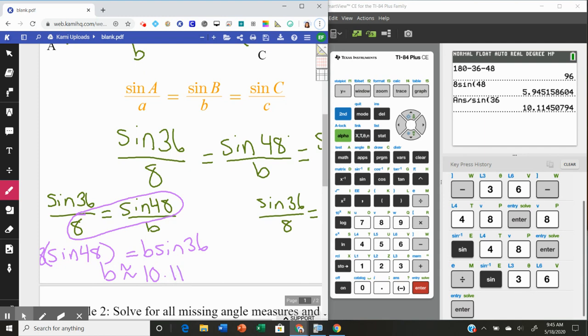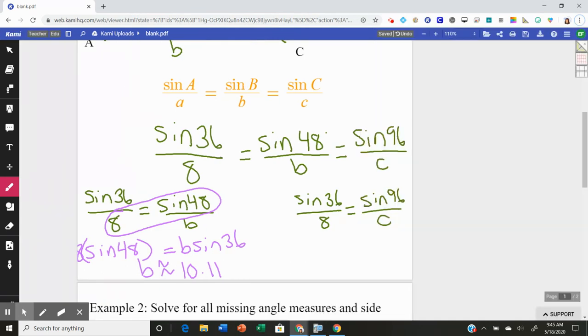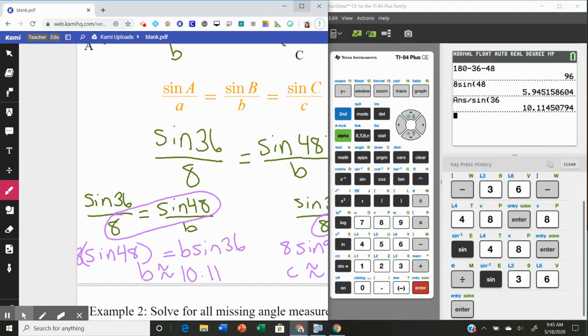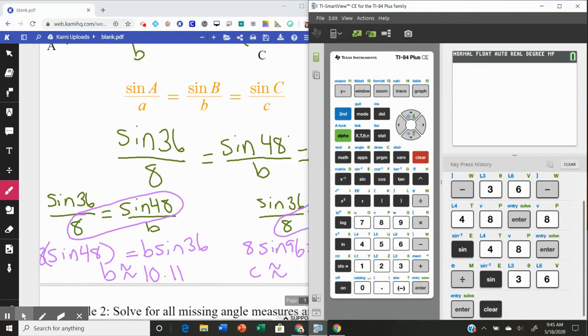All right, let's do something similar now to solve for C. So again, I'm going to cross multiply. So 8 times the sine of 96 is equal to C times the sine of 36. So again, in my calculator, let me clear out what I had.